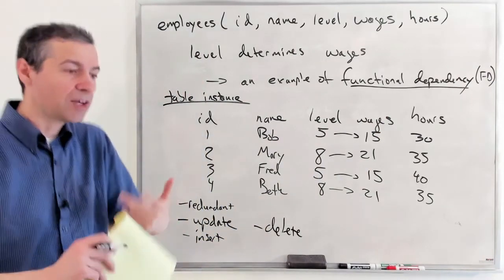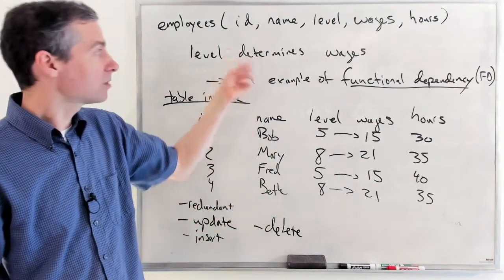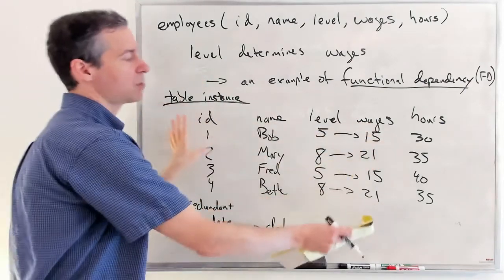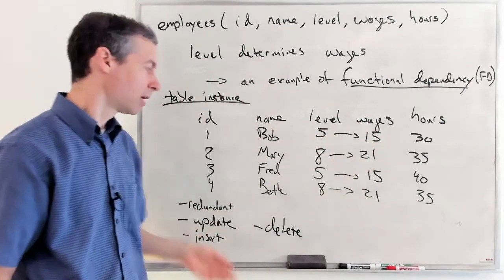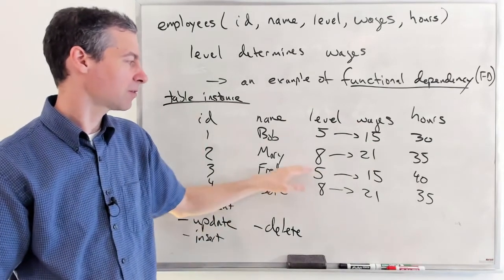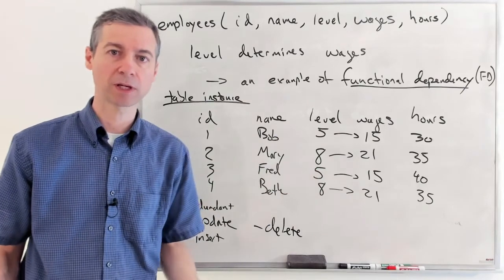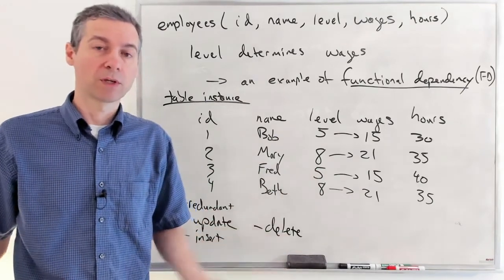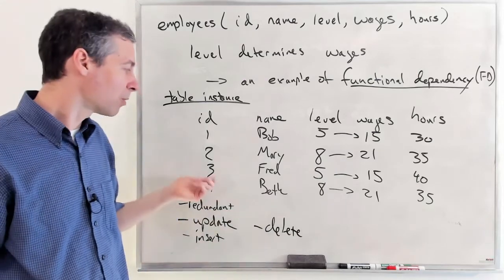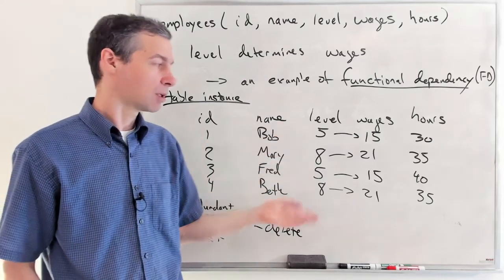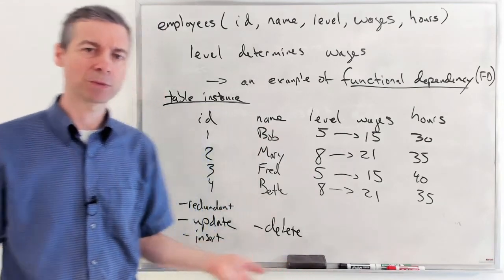In other words, we have encoded this information of level goes to wages in this table. Sure, it gets repeated a lot, but if we delete all the rows that happen to have a particular part of the mapping that we care about, it's gone. It's no longer stored in our database. We've lost that information. All we wanted to do was get rid of Bob and Fred, but we've also lost a part of our mapping, and that's a real problem.